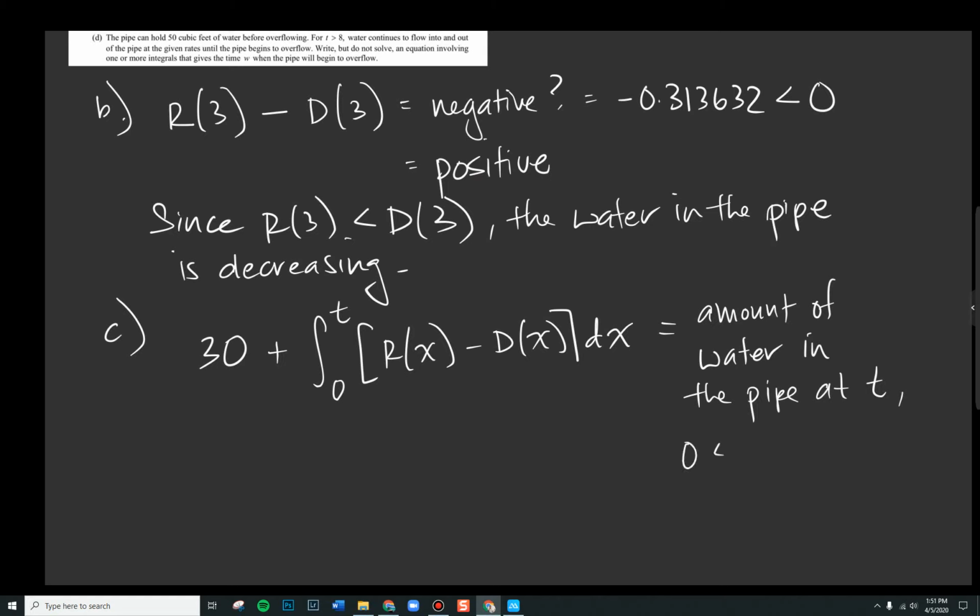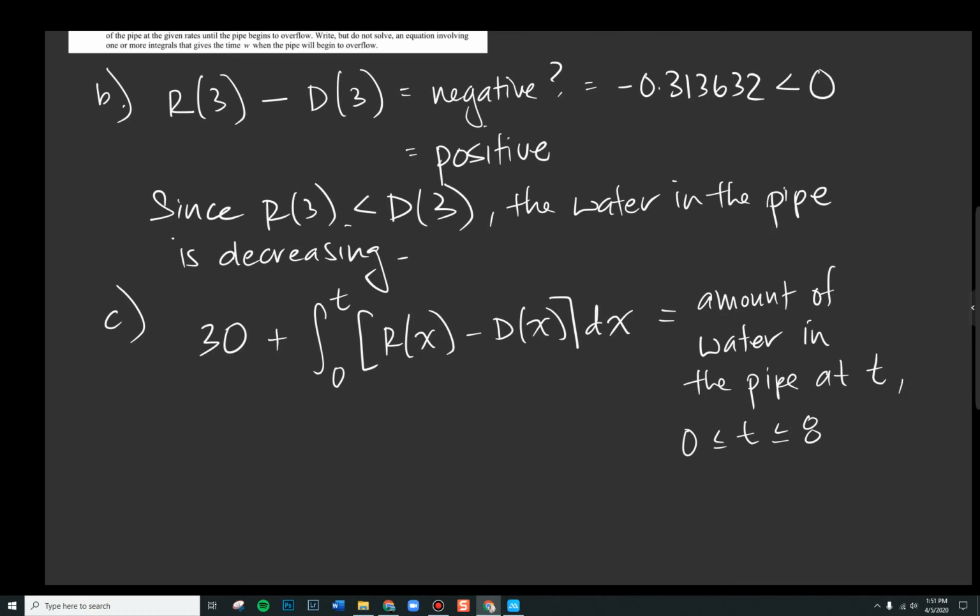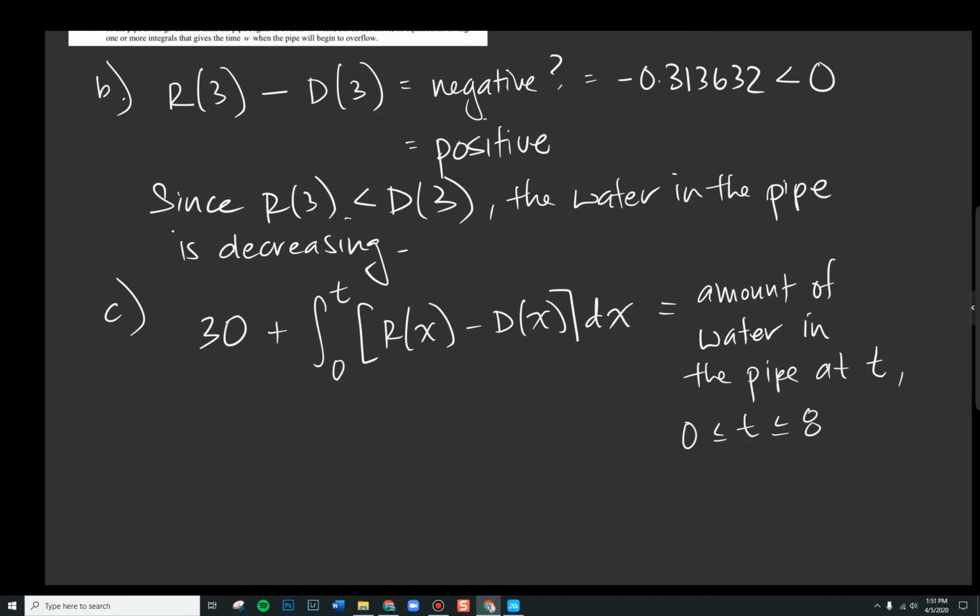We're only talking about from 0 to 8, and I'm going to include the beginning of time and the very last hour, 8, as well. This is simply the amount of water in the pipe at time t. Once again, you start with your initial amount, and we add whatever has accumulated from the beginning of time to whatever time you want to find. This is the water going into the pipe, and this is the water going out of the pipe.